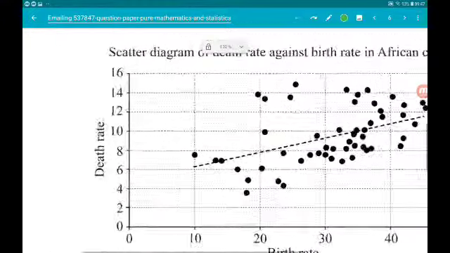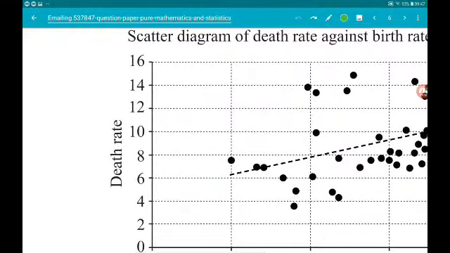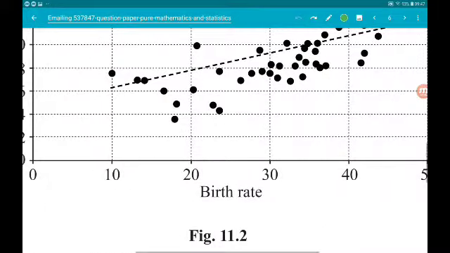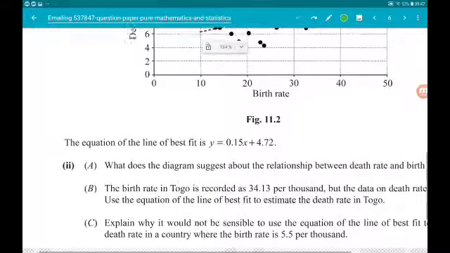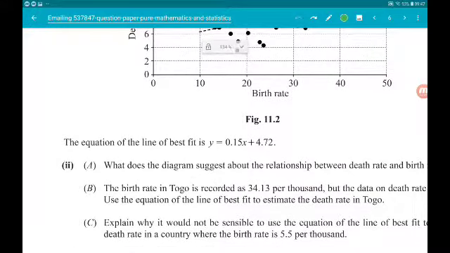So death rate is on the y-axis, birth rate is on the x-axis. We are told that the equation of the line of best fit is y equals 0.15x add 4.72.